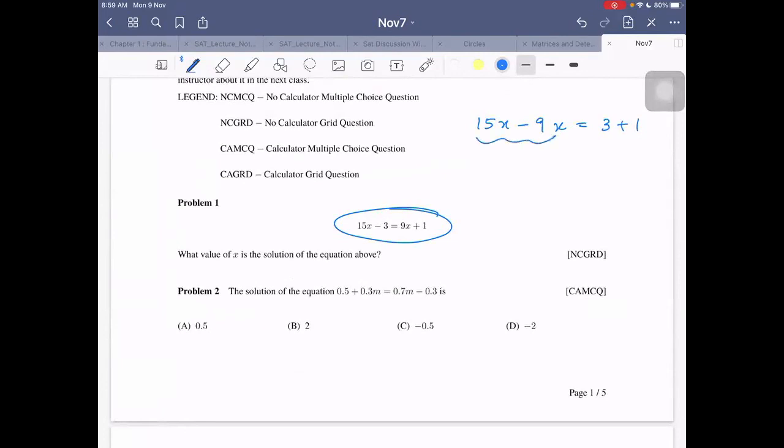So 15x minus 9x is 6x. 6x is equal to 4. Your x is 4 divided by 6, which is 2 divided by 3.